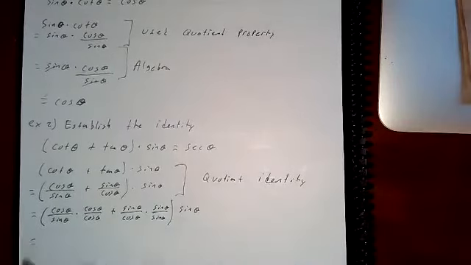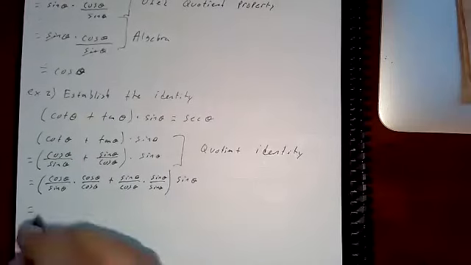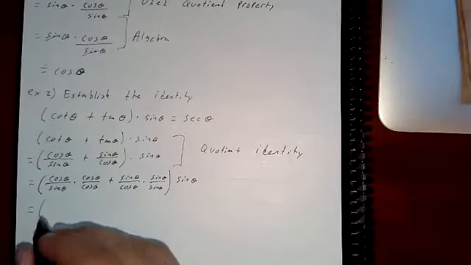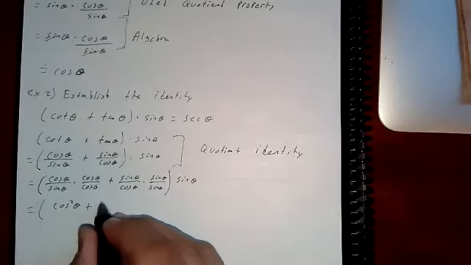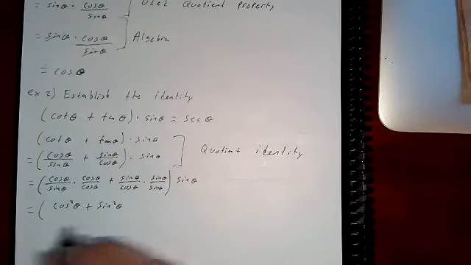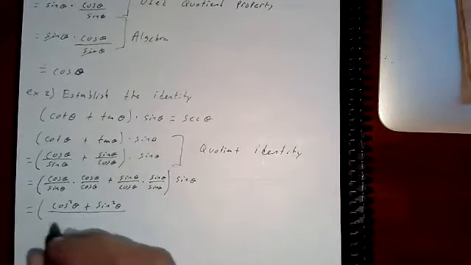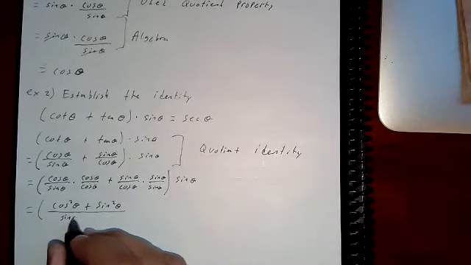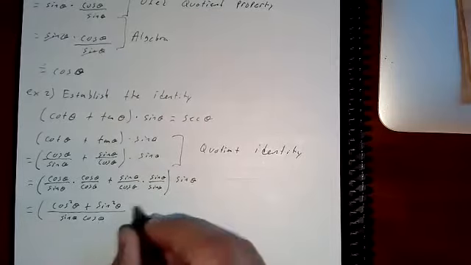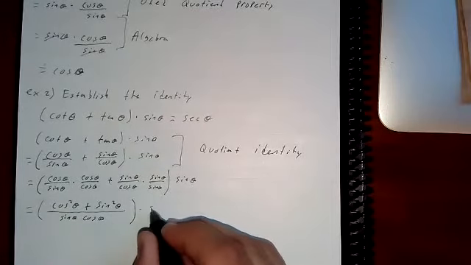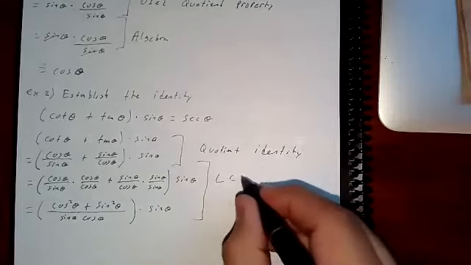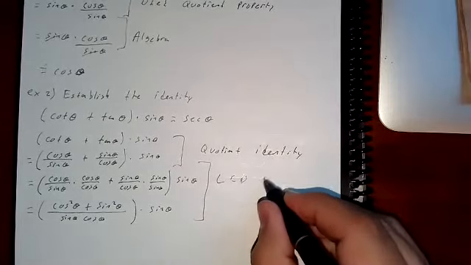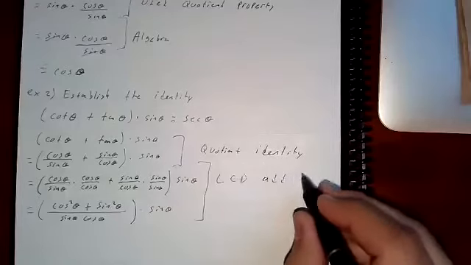So then we get cosine squared theta plus sine squared theta over sine theta cosine theta. So from here to there, I did the LCD, added fractions. That's what we did. We added the fractions with the LCD.